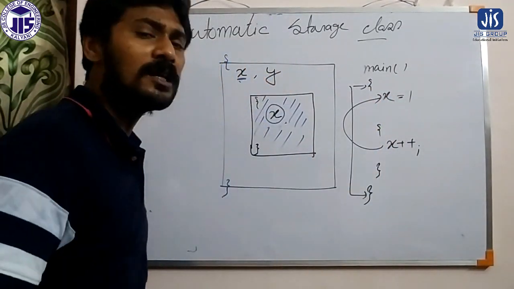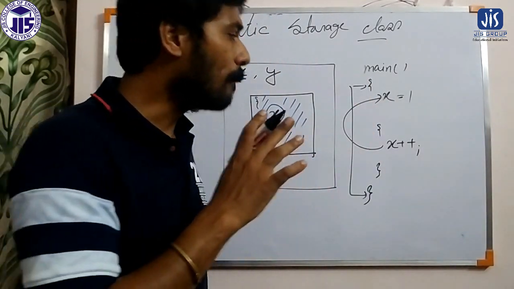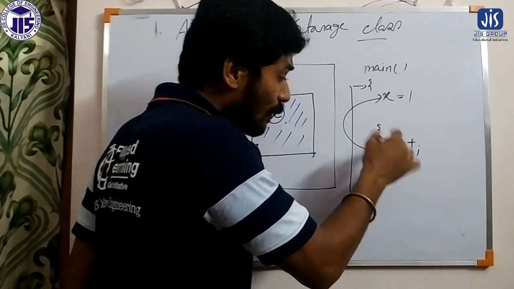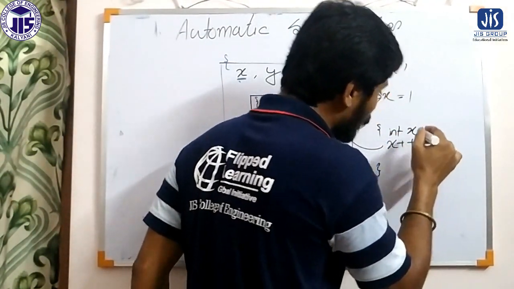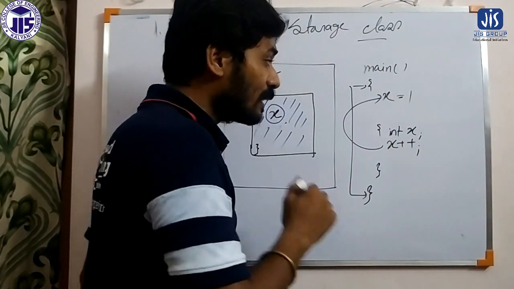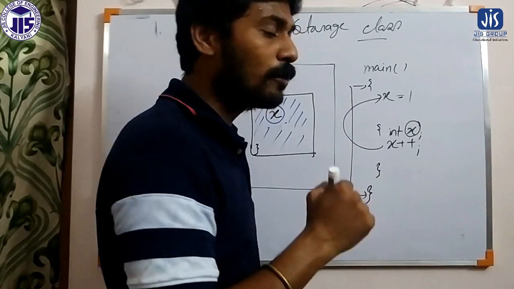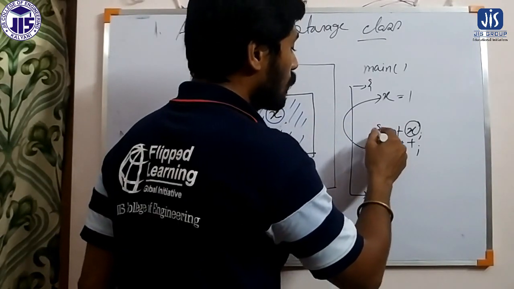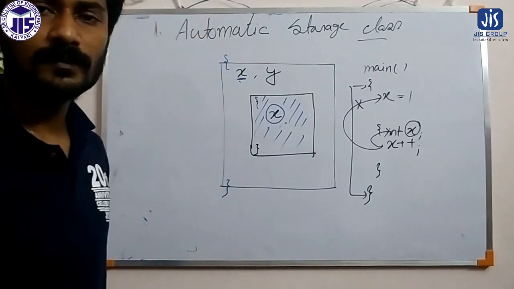This x variable will remain available throughout the main function. But now if I declare a variable with the same name inside the sub block, then this variable will get the priority. So this operation will be performed on this x. Now this x will not be affected.